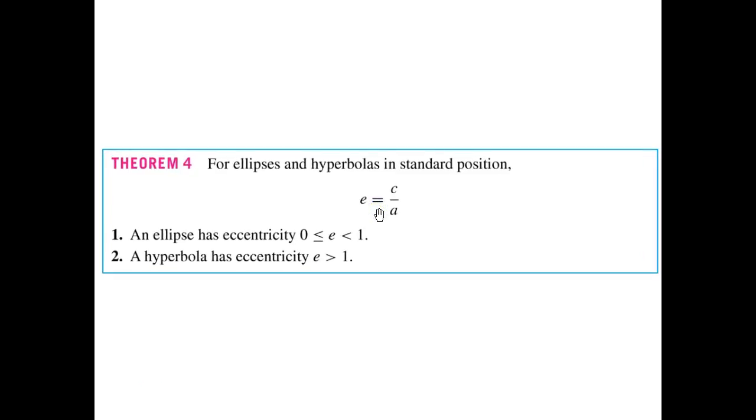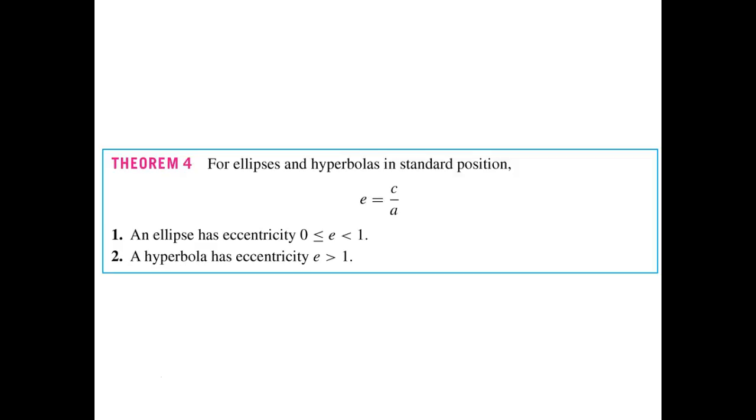Now, I don't think the rest of this is really all that important, but in case you ever need it, you've seen it at least once. The eccentricity, e. Now, lots of things are called e. The base of the natural number system is called e. This is not that e. Efficiency in physics or mechanics is called e. This is not that e. Here it's the eccentricity, and that's your ratio of c over a.